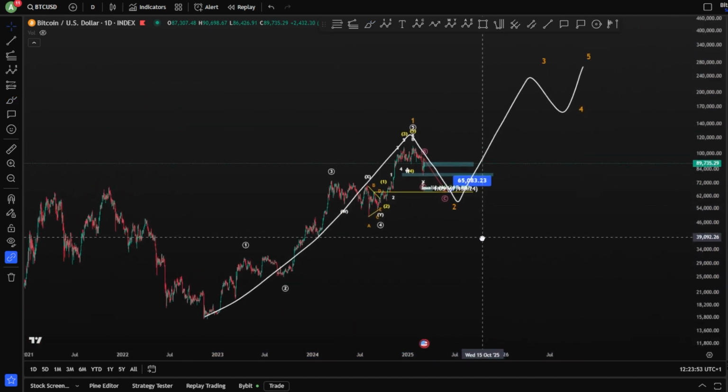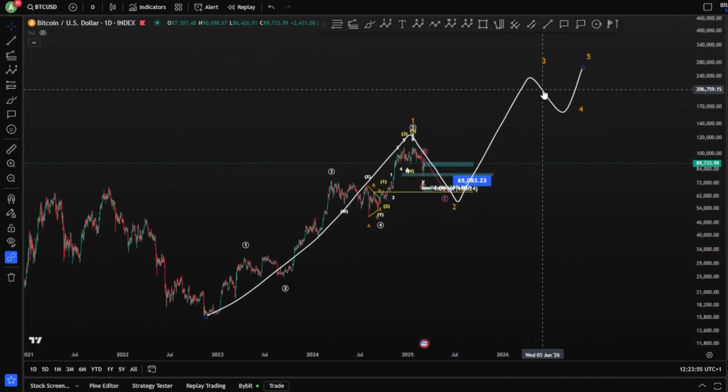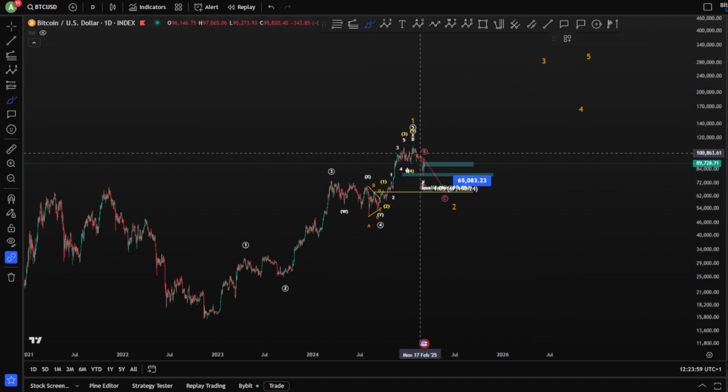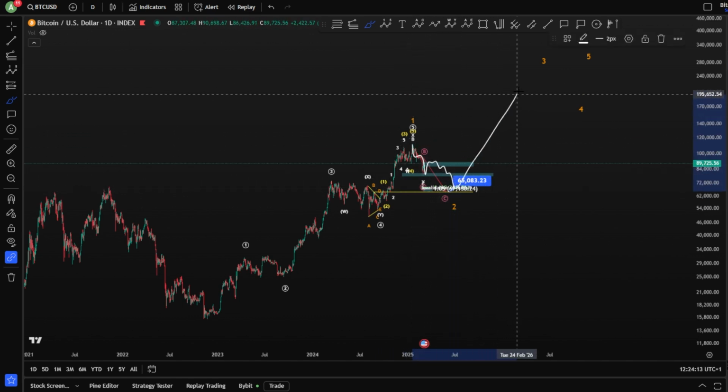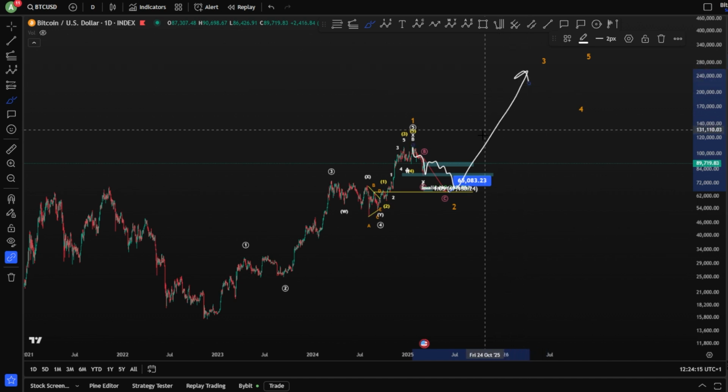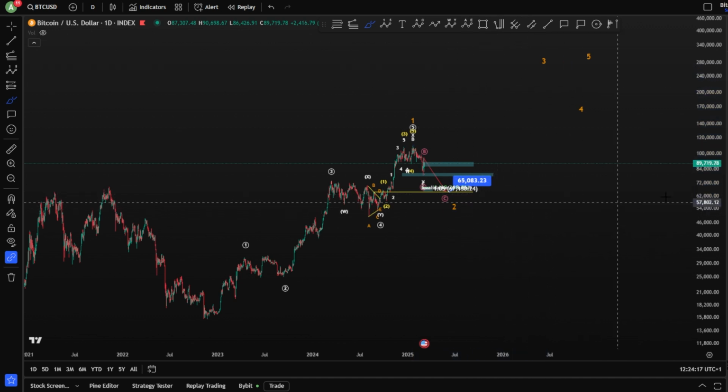Don't forget that this is a very fast and intense market, and it can be very fast, right? And it can also be very shallow. It's going to be intense, meaning very sharp, but very shallow: an ABC zigzag, or kind of 3 waves down, 3 waves up, and just an impulse toward the downside to finish this bear market in a wave 2 and move toward the upside.